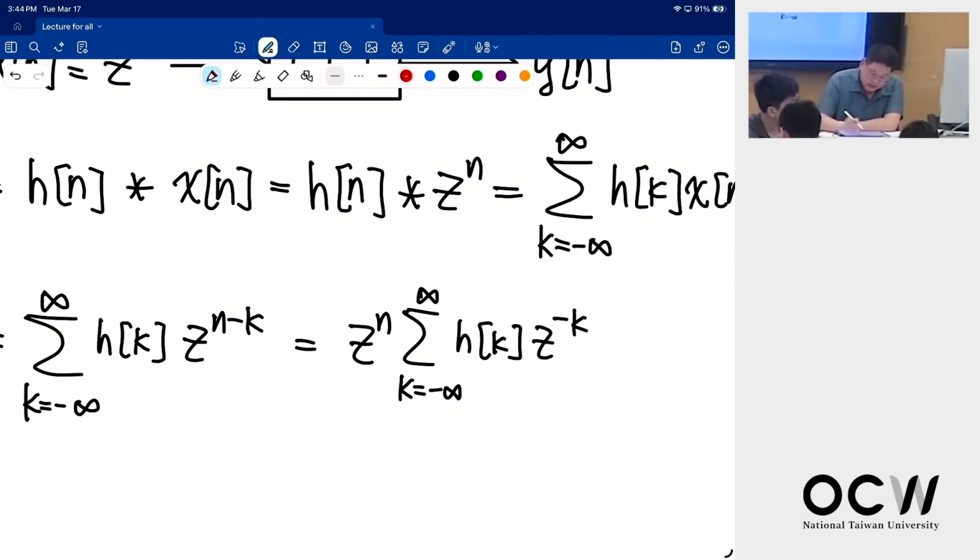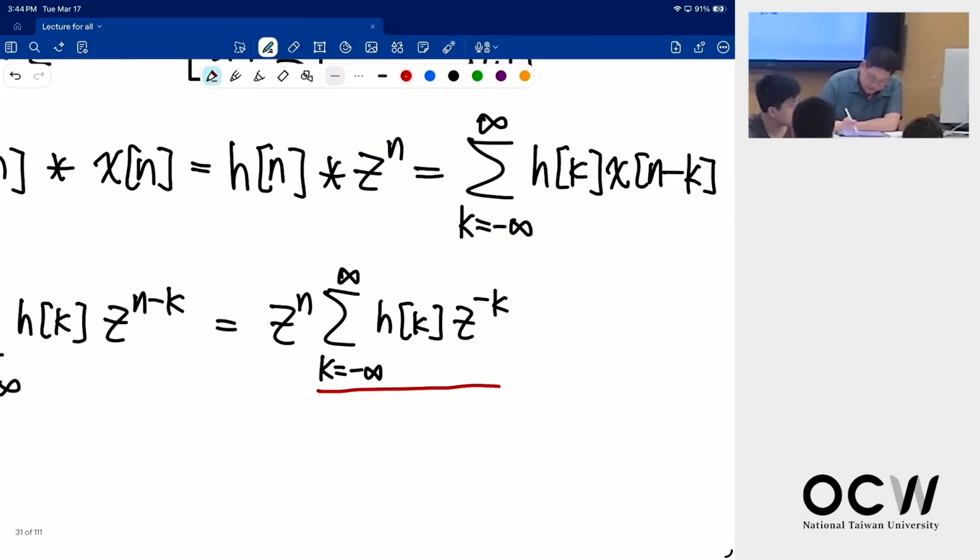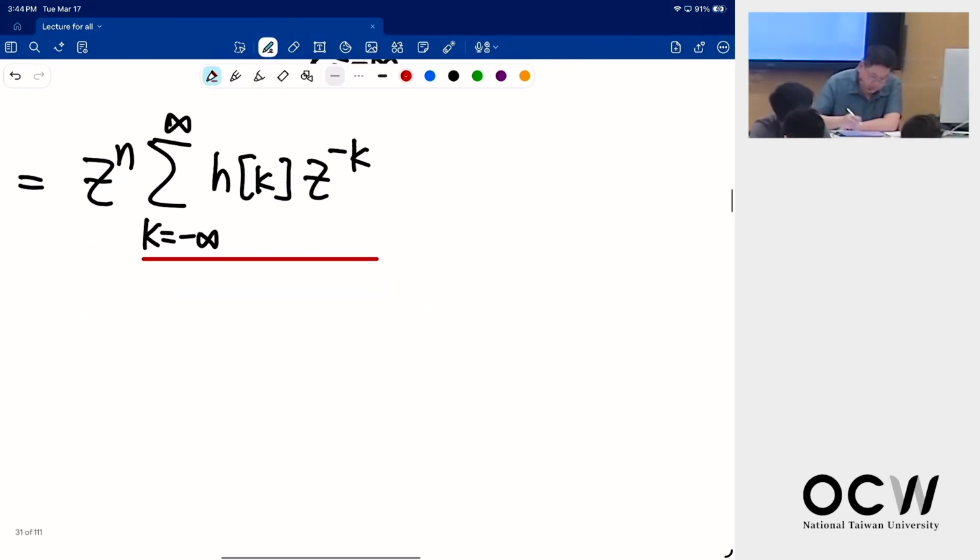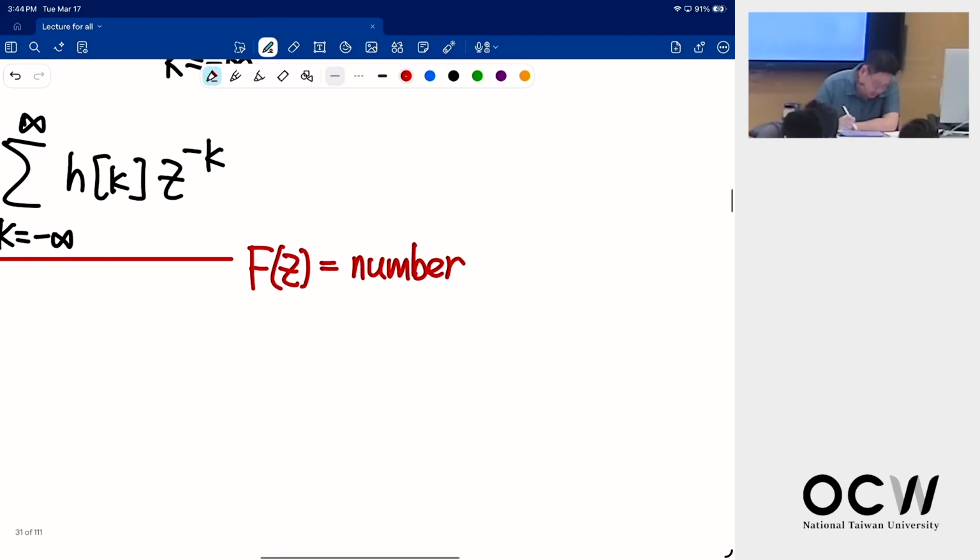Okay. And for this summation, it really depends on your z, right? If your z is less than 1, the ratio is less than 1, then you have a finite sum. So here is H of z, and this is a number that depends on z.